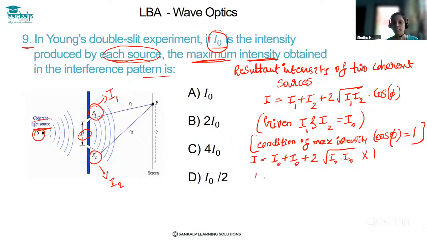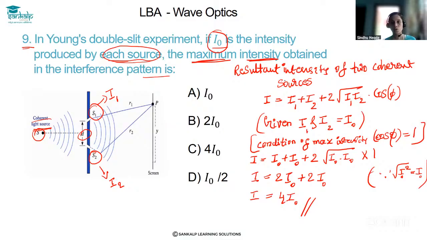So I is equal to 2I0 plus 2 square root I0 square, which finally becomes I0, into 1. The reason is that square root of I0 square is I0 only. Now I is equal to 2I0 plus 2I0, we get 4I0. So the resultant intensity of two coherent sources is 4I0.